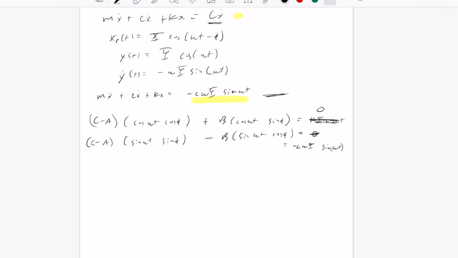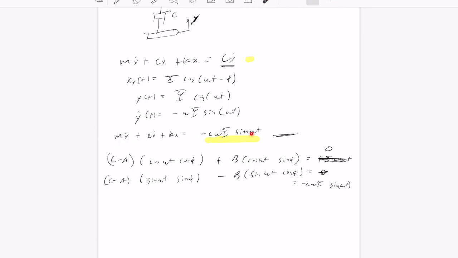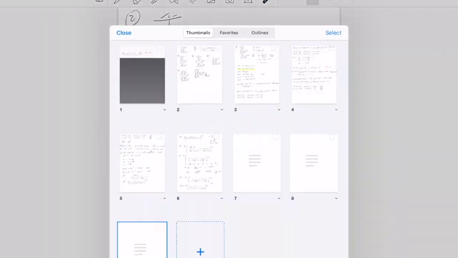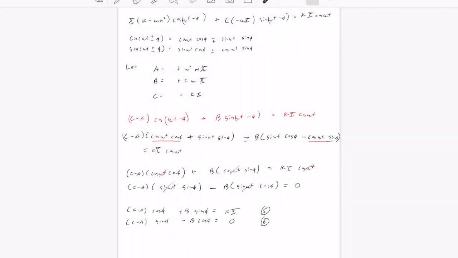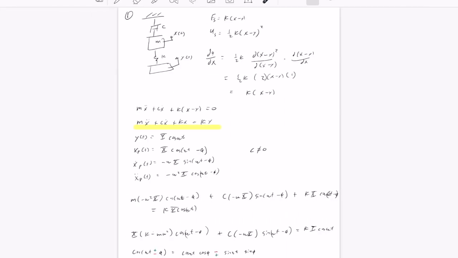Now there's probably a handful of you that are wondering, wait, we were here and now you did this, how'd you get there? Just as a reminder, you have this equation, you do these derivatives, you substitute them in, and then you group your cosines and your sines together. You do the substitution with cosine omega t minus phi and sine omega t minus phi.